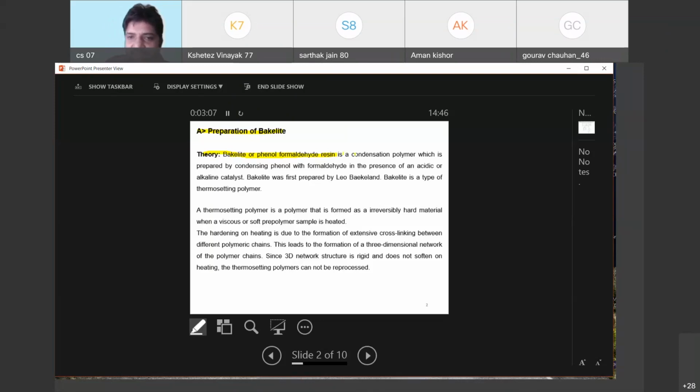It's a condensation polymer which we can synthesize by condensation reaction between phenol and formaldehyde in the presence of an acid or base catalyst. I think we have discussed bakelite briefly in the theory class.